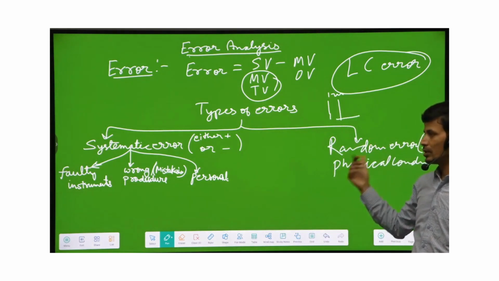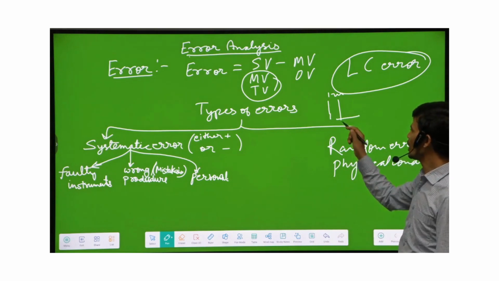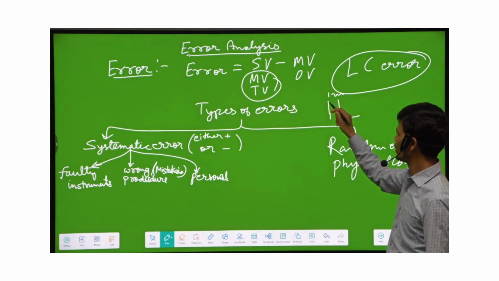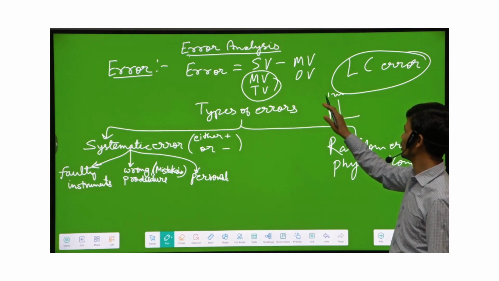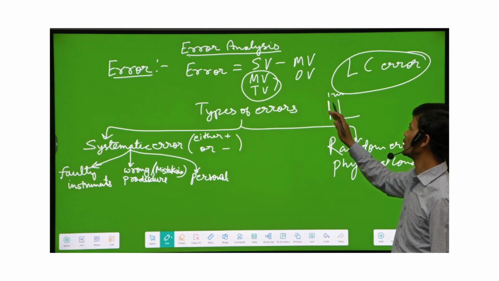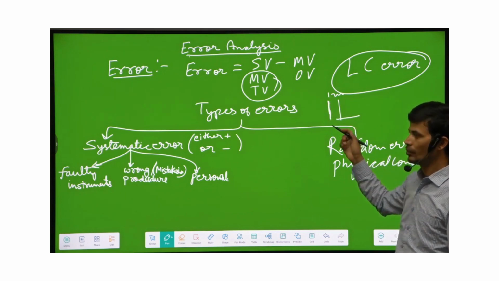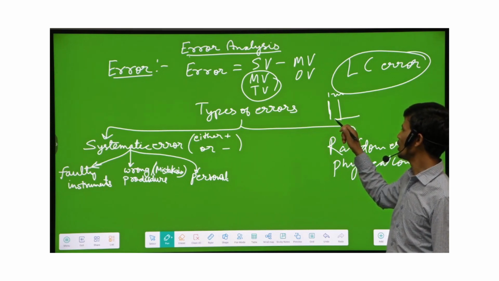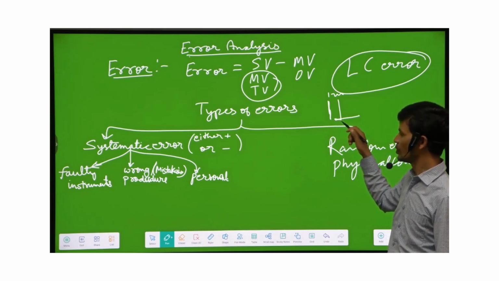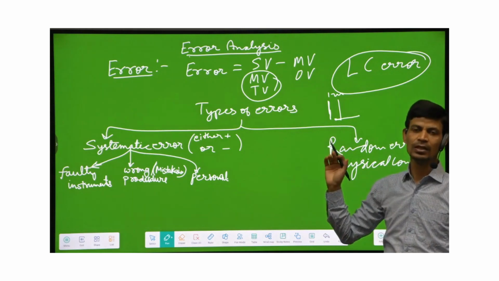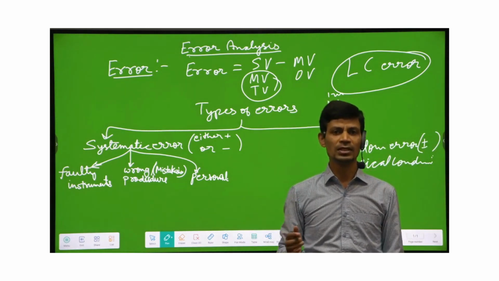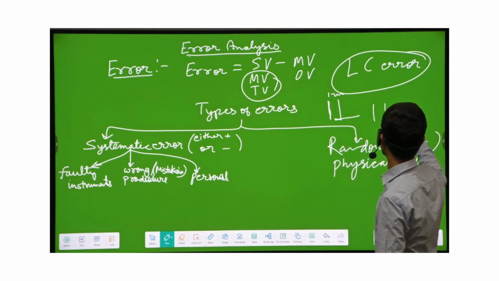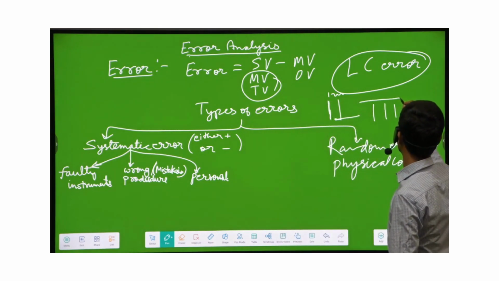Then either we can consider it as 1, or we can consider it as 0. We can add 1 because it is more than this, or we can just leave it as it is. So in both cases the measurement is wrong.